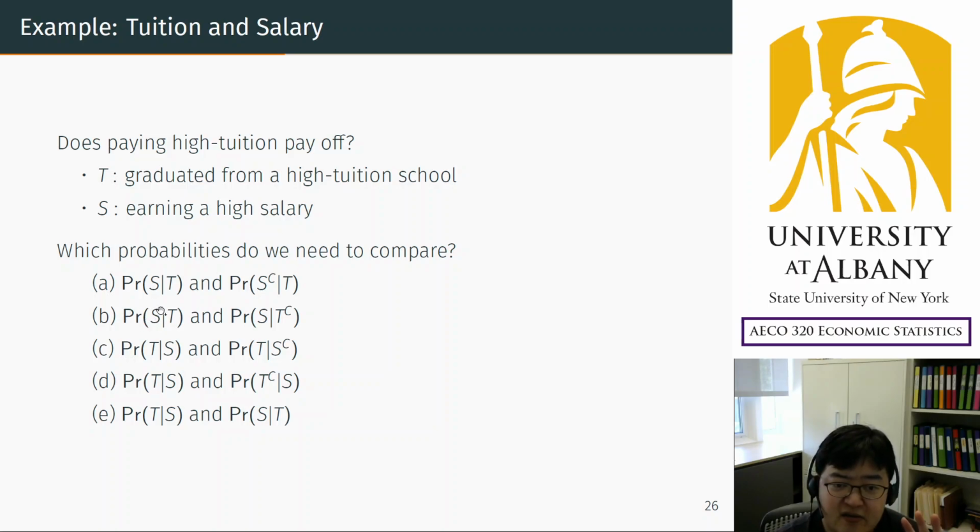The probability of high salary if you went to a high tuition school compared with the probability of high salary if you did not go to a high tuition school. That's what we are going to compare, right?